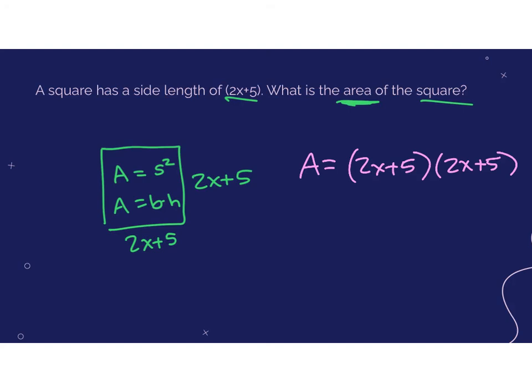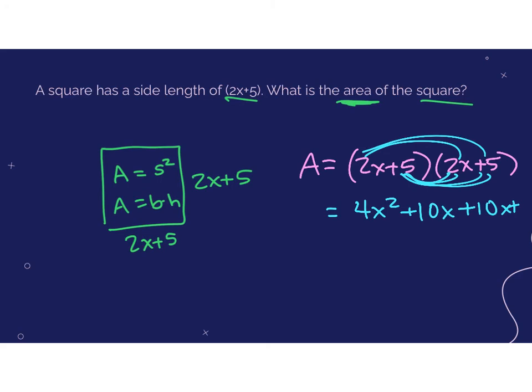And what ends up happening is, you guessed it, I need 2 sets of distribution. So I need 2 sets of distribution there, I need 2 sets of distribution there, and I make a list of my terms. So 2x times 2x is 4x squared, 2x times 5 is 10x, 5 times 2x in the middle is another 10x, and then 5 times 5 at the end is 25.